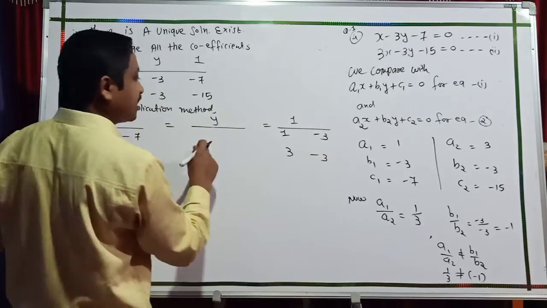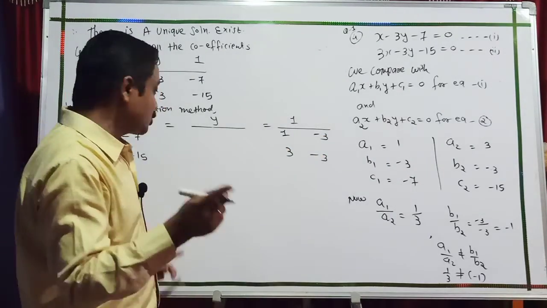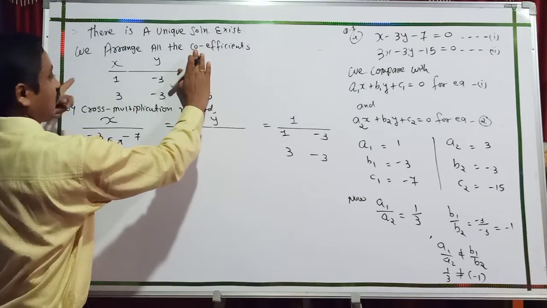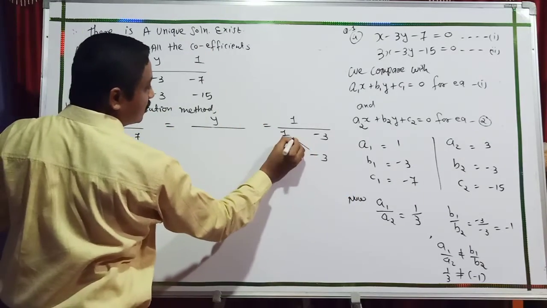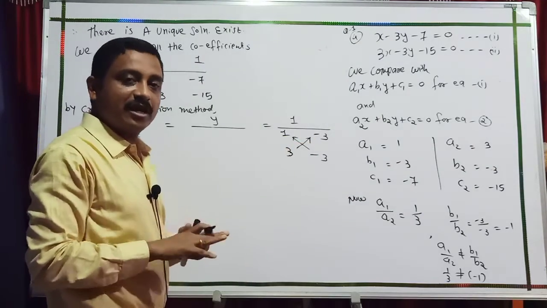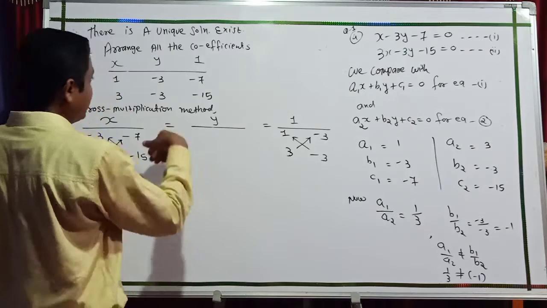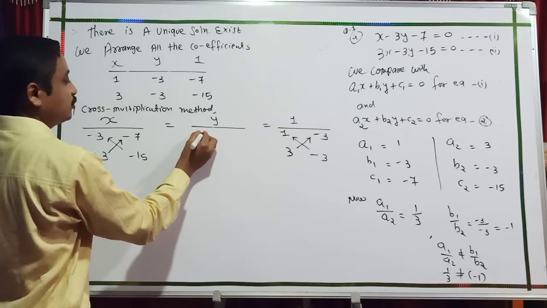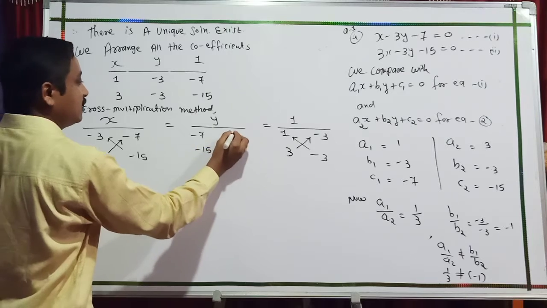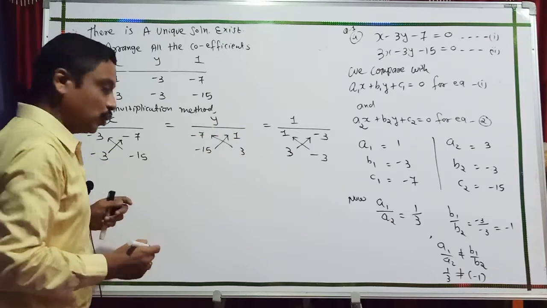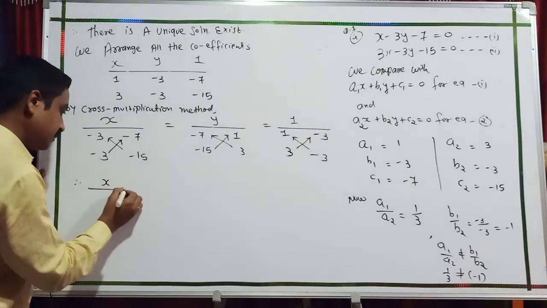Most students make mistakes here, therefore I show you first x, then y: 1, minus 3, 3, minus 3. This is also in the question for your cross multiplication. And last, for this y, put up your hand. The other values interchange their positions: minus 7, minus 15 and 1 and 3. These are the same. So apply the cross multiplication method.